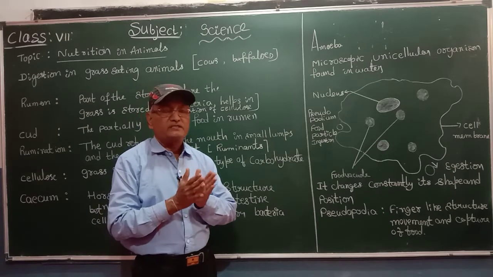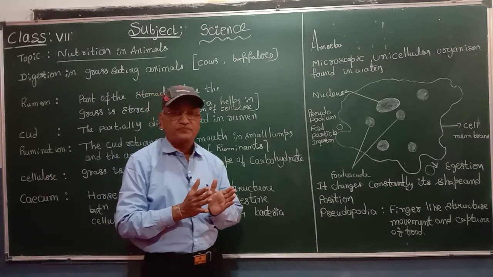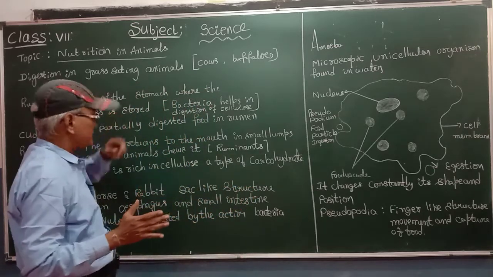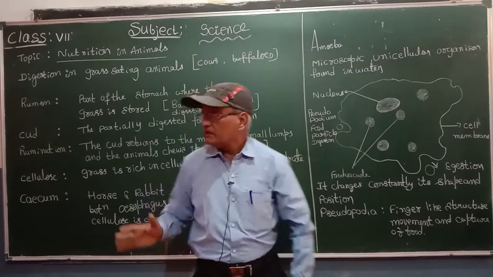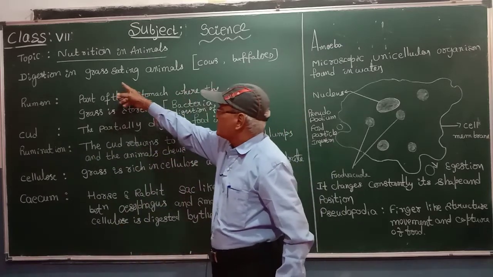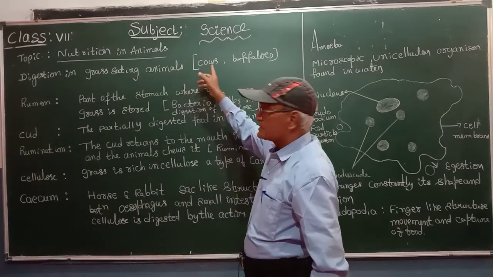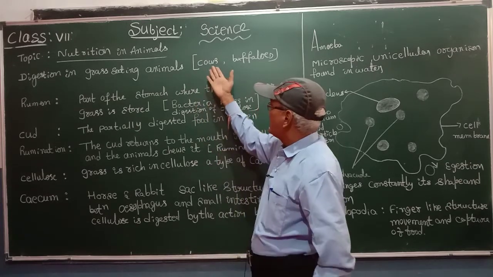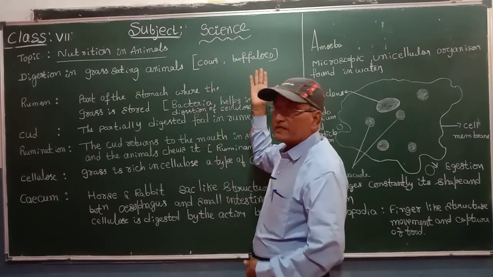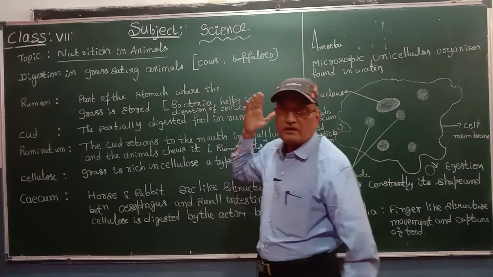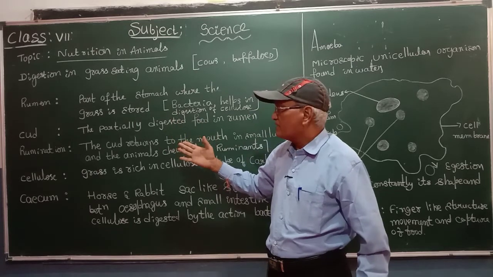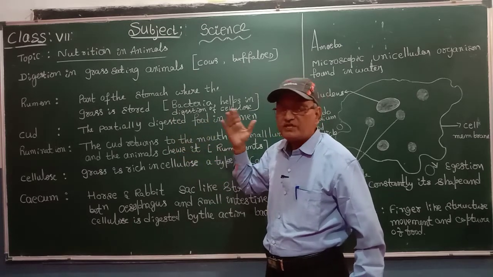Now let us study in today's class some grass eating animals. The digestion in grass eating animals. See, some animals like cows, buffaloes, deer, even an elephant also, depend upon vegetarian food.